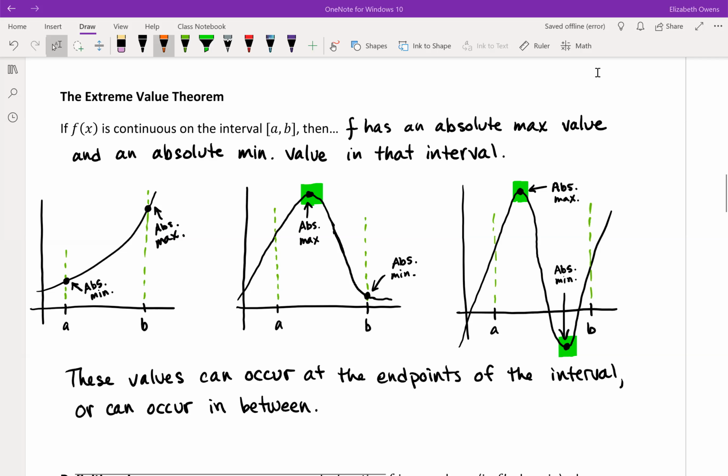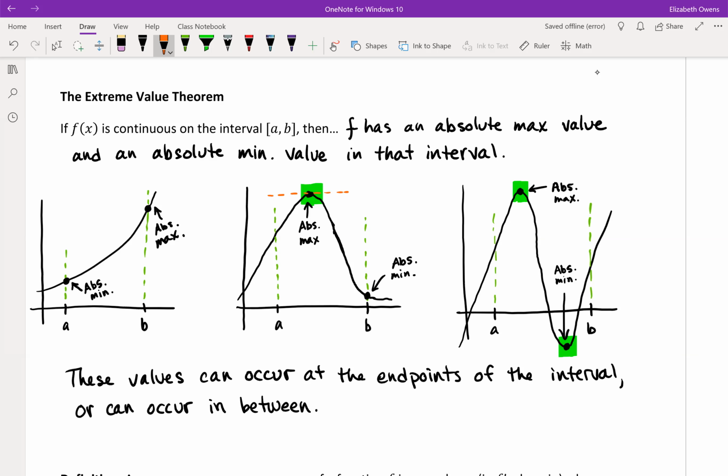Okay, so here's the big reveal. What's in common between our three points there, the absolute maximums and minimums that are not at the endpoints of the interval? If you look at the tangent lines to those functions, the tangent line here would come across like this.